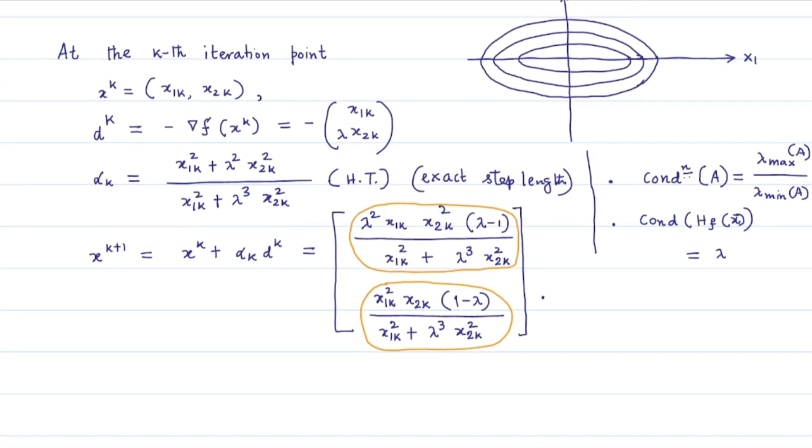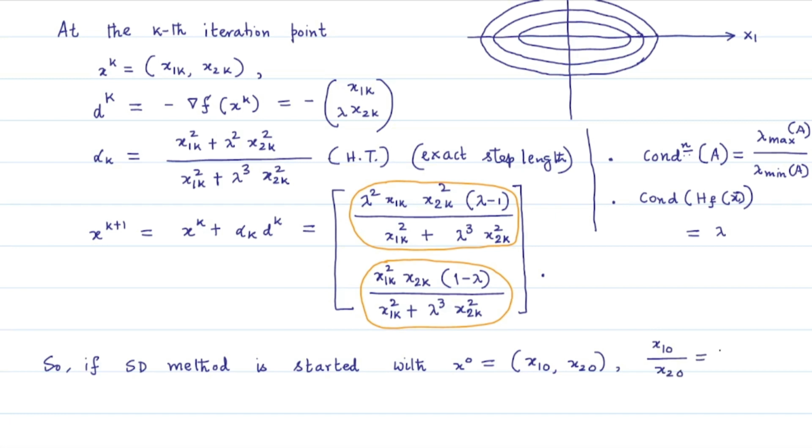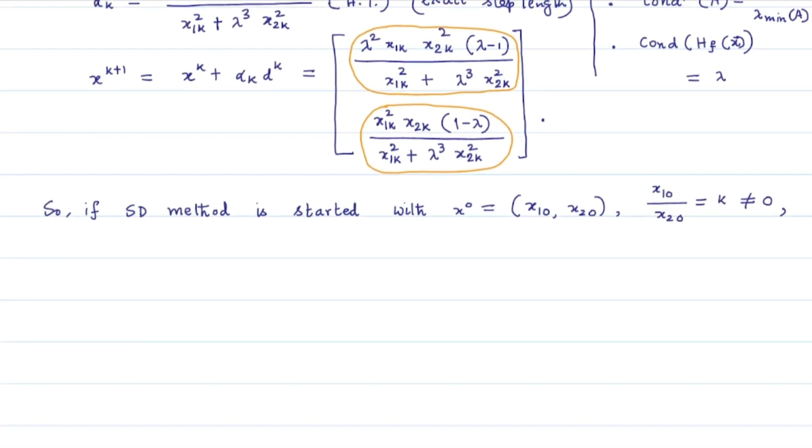Now from this expression of the general iterate, we observe that if the steepest descent method is started with a point x0 having coordinates say x1 0, x2 0, for which let us suppose the ratio of x1 0 and x2 0 is equal to k, which is not equal to 0, then the next iterate x1 has coordinates say x11 and x21, given by these two expressions.